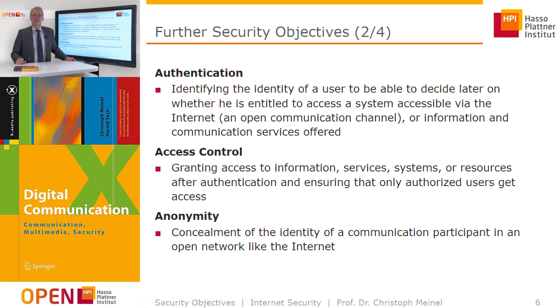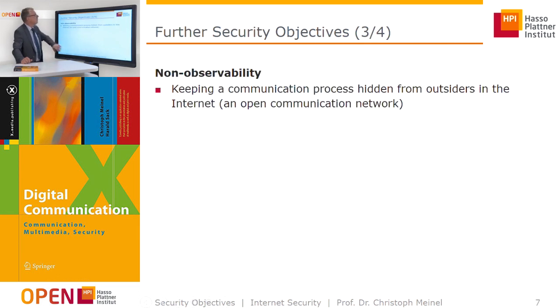Anonymity, another security objective, is the concealment of the identity of a communication participant in an open network like the internet, so that others cannot detect who it is who communicates. For some applications, this is very helpful and useful, for others not.